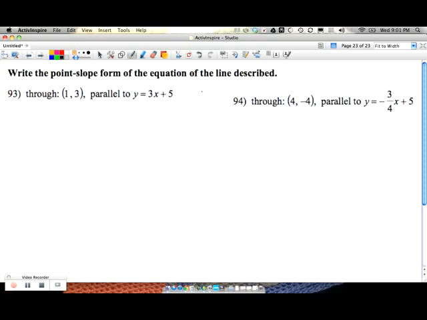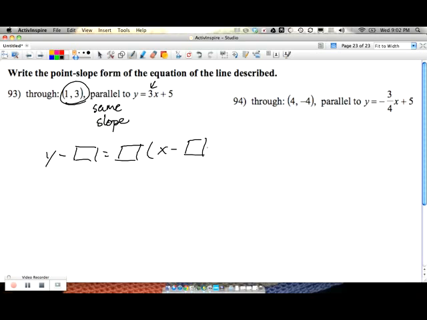Alright, here we go. So we want through this point, but parallel to this line. And remember that parallel means same slope. So all we need to do is the point slope form of the equation, y minus something equals our slope that we need times x minus something.